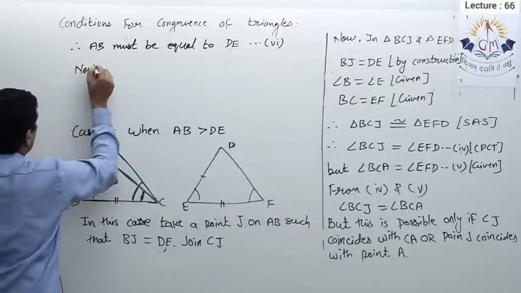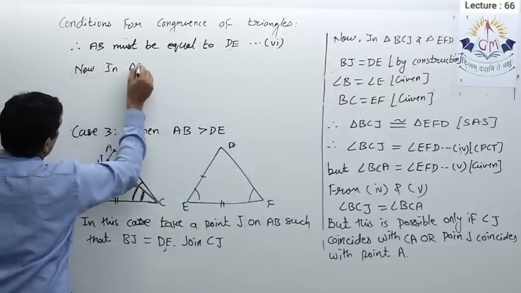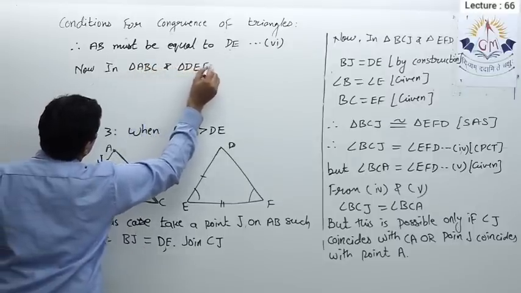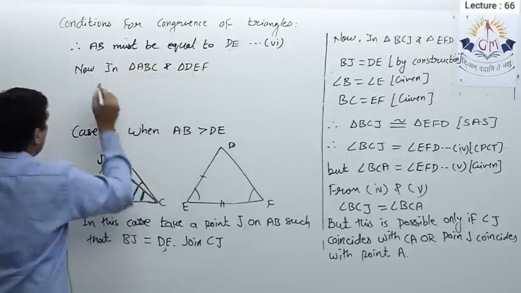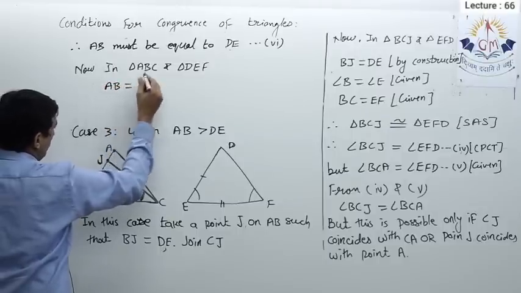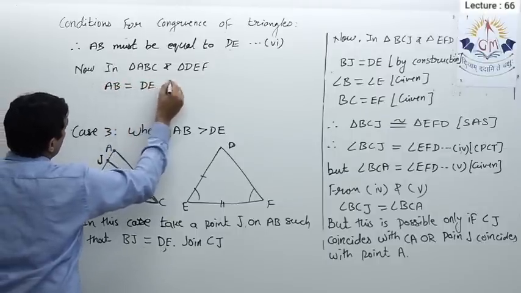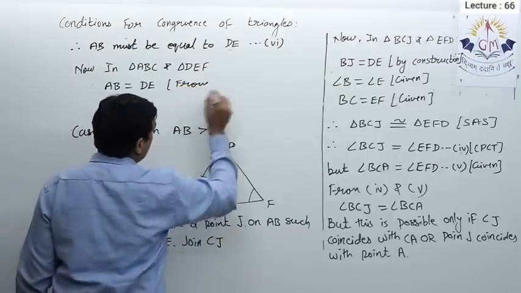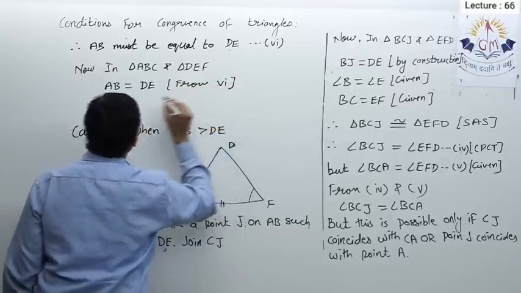Now in triangle ABC and triangle DEF, again we come to the original triangles. AB is equal to DE from the 6th.